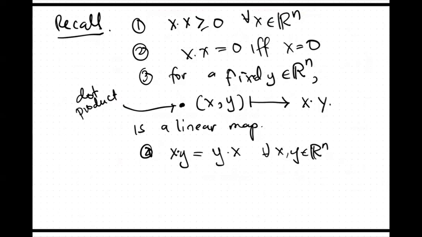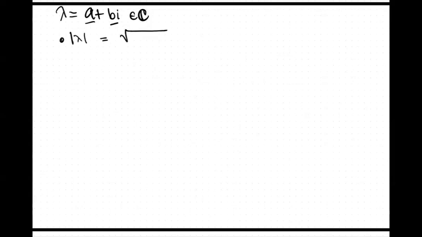But before that, let me recall some definitions from complex numbers that you have seen before. Suppose that we have a complex number lambda equals a plus bi in C. Of course, a and b here are real numbers. We denote the absolute value of lambda as the square root of a squared plus b squared.